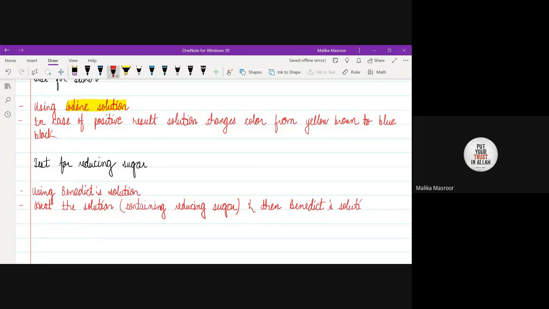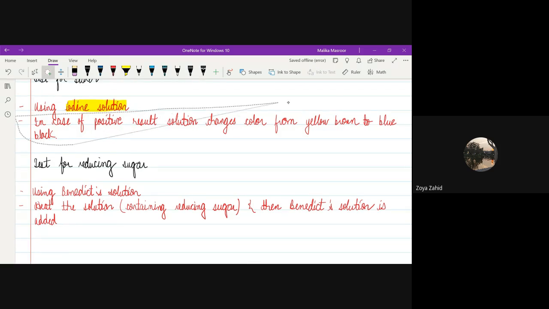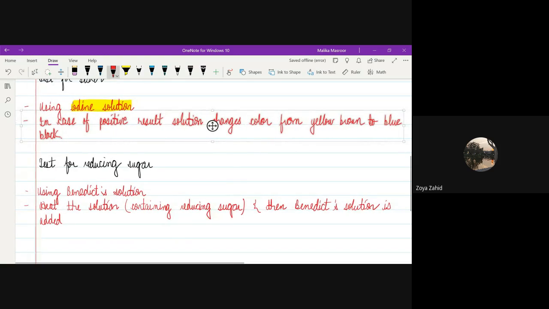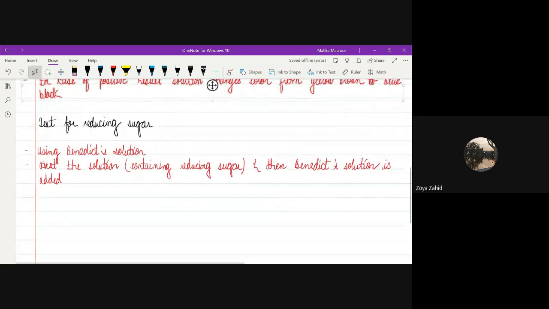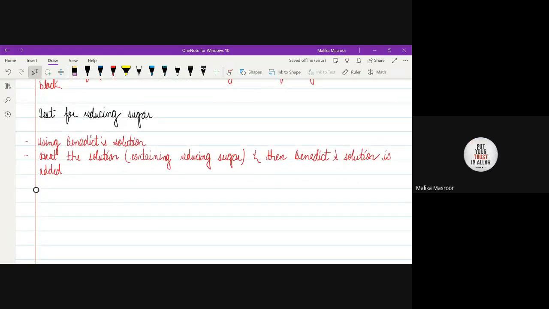What is the color change? Anyone knows? It's from blue to brick red, and might come as yellow, green, or orange. Very good. Excellent.